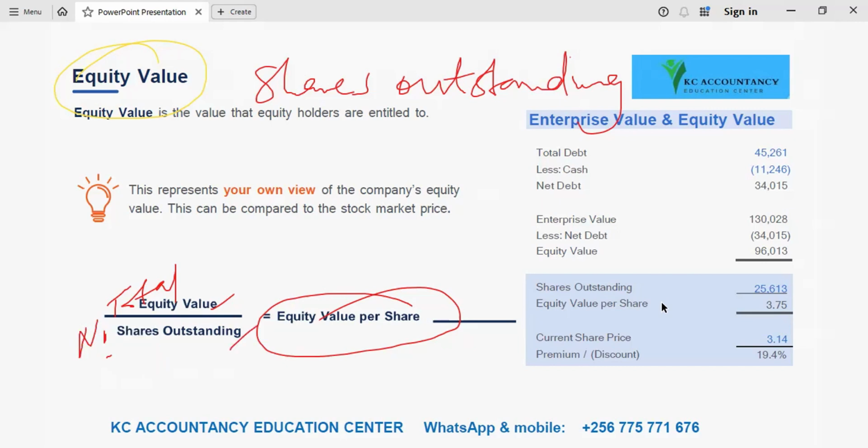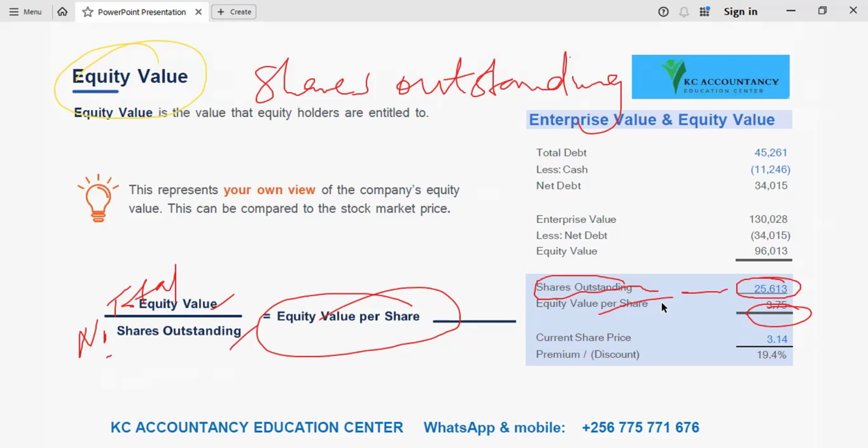In this case, these shares outstanding are roughly 25,000 shares, and it would give us an equity value per share of roughly 3.7 per share.